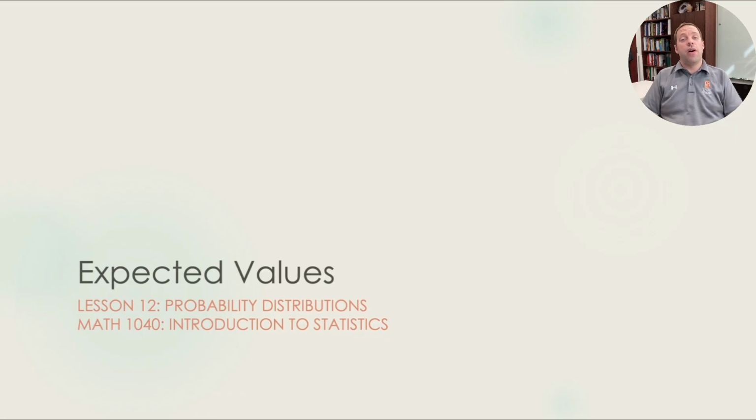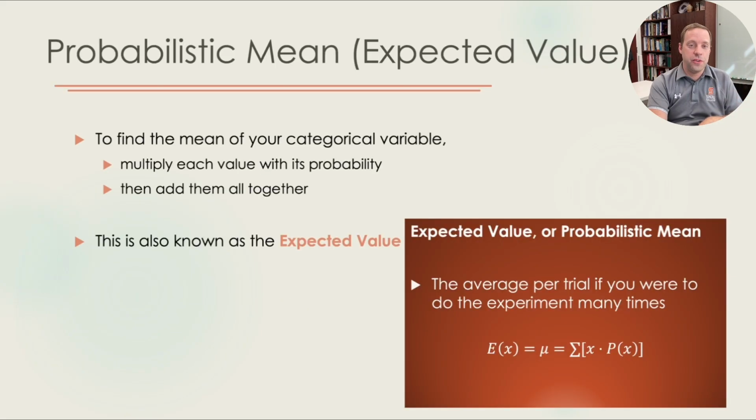Well, we now have all the tools we need to find the mean of a categorical variable. And as I said before, when I first presented that question, it has everything to do with probabilities. Now, in this video, we're going to talk about the mean, which in probability theory is known as the expected value.